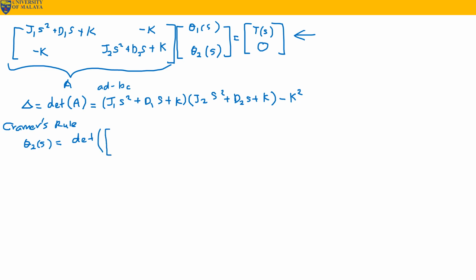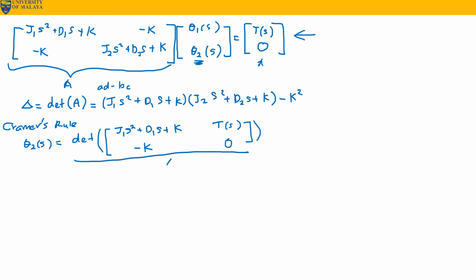Since theta 2 is in the second row, the first column is the same as the first column in matrix A. So we have J1 S squared plus D1 S plus K, and the first column in the second row is the same. For the second column, we replace it with whatever is on the right hand side. So here we have T of S in the first row and 0 in the second row. The determinant of that matrix is divided by delta.